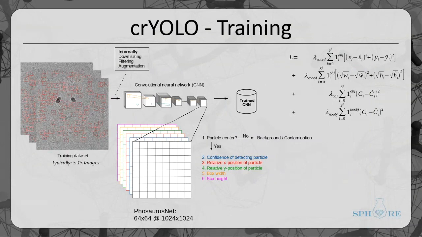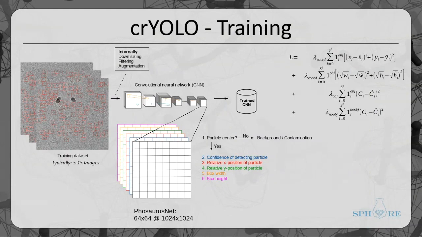The objective function or loss function that we are trying to optimize consists of 4 parts. The first part penalizes errors in estimating the position of the particle. The second part penalizes errors of the width and the height of the particle boxes.